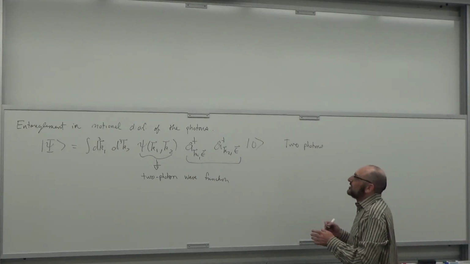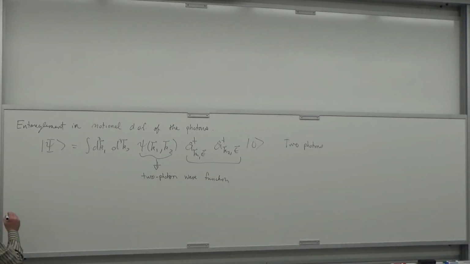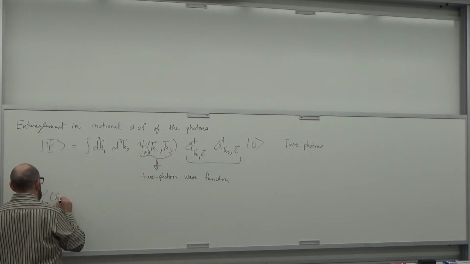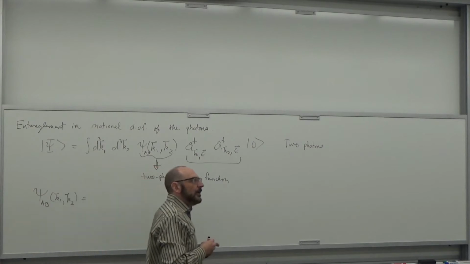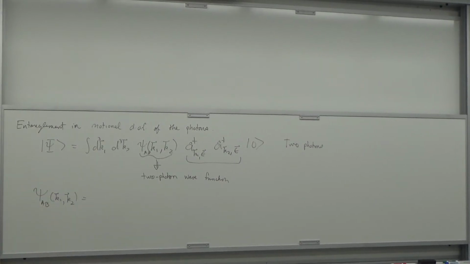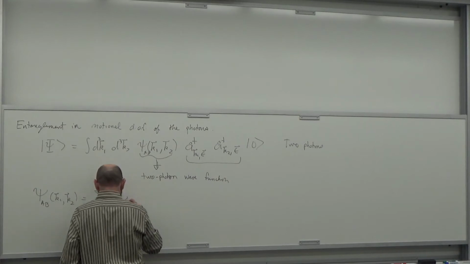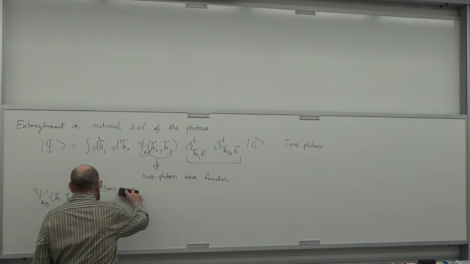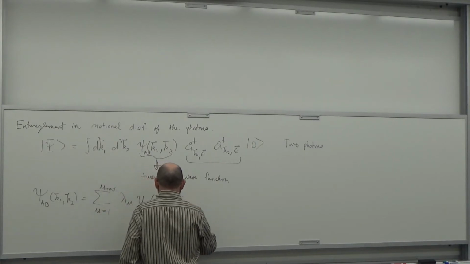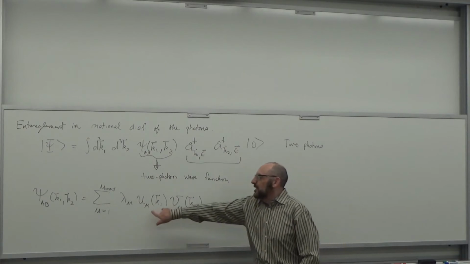Okay, so very good. So now the question here is, I can take this two-photon wave function for particle A and B, and I can write it, even though this lives in an infinite dimensional Hilbert space, in a Schmidt decomposition, where these are the Schmidt eigenfunctions.